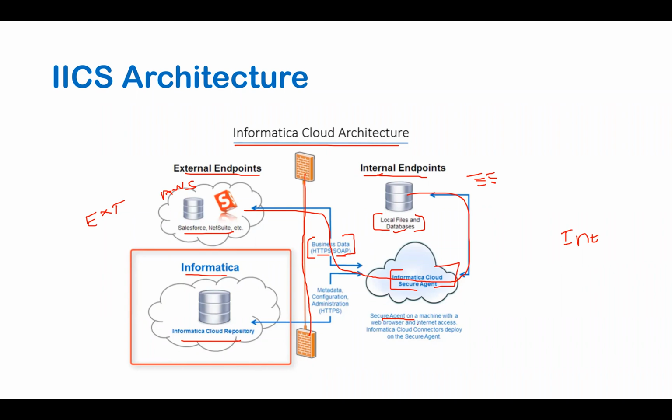Secured Agent is responsible for secured connectivity between our internal endpoints and the external endpoints. So it will create all these firewall connections, and all the metadata, configuration information, administration data, everything will be stored in this Informatica Cloud. Clear? Any questions here on the server side, on the architecture side?